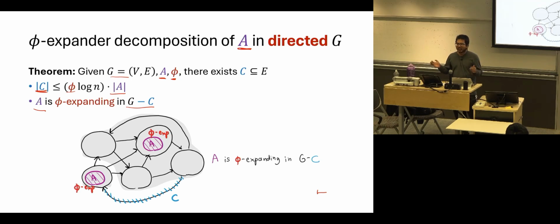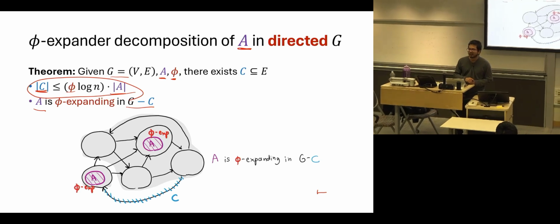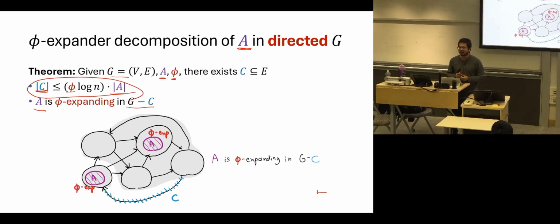And why should the cut that we have found be small? Like the cut size should be small in total. Previously in undirected graphs, we just used the budgeting argument, where each node has a budget proportional to phi log n times the degree. That's a kind of formal step in the proof.